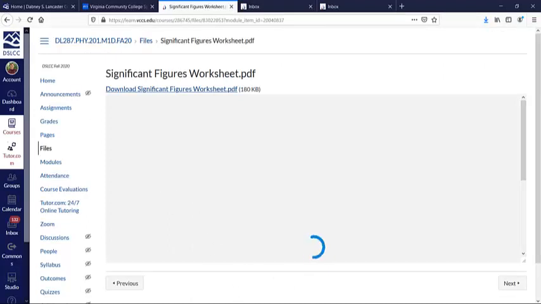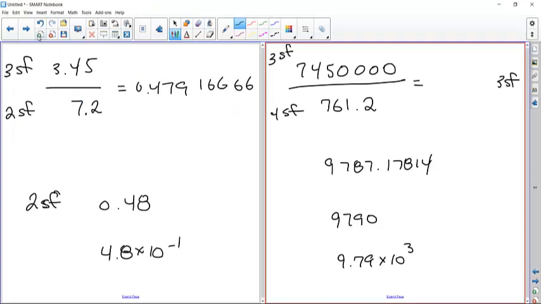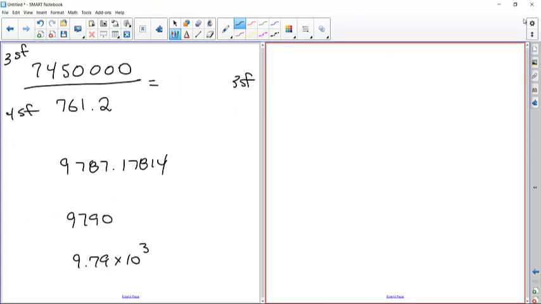Let's go back here to this. So the one thing that you can see in that problem is if you have 0.0125. So how many significant figures is this if you were doing this multiplication problem?